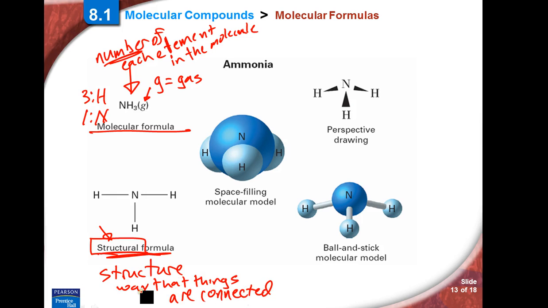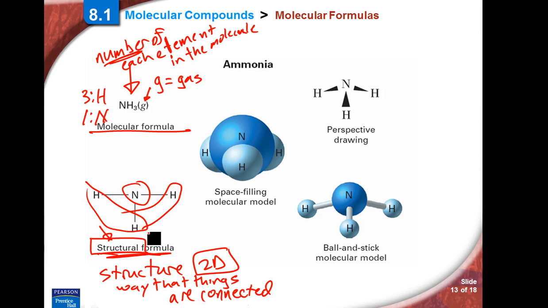These will often be two-dimensional drawings where you will just basically show the connections between the atoms. So structural formula, connection between, once again, notice there's 1 nitrogen, 3 hydrogens.